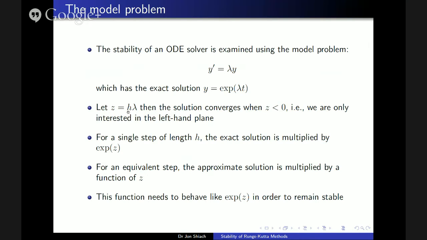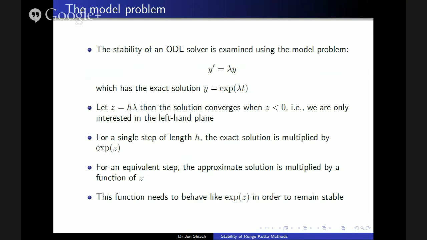If we let z equal a step length h times lambda, then for a single step of length h, we multiply our exact solution by the exponential of z. Now this is very useful. It means we can look at our numerical method, and we want it to behave like the exponential function of z.